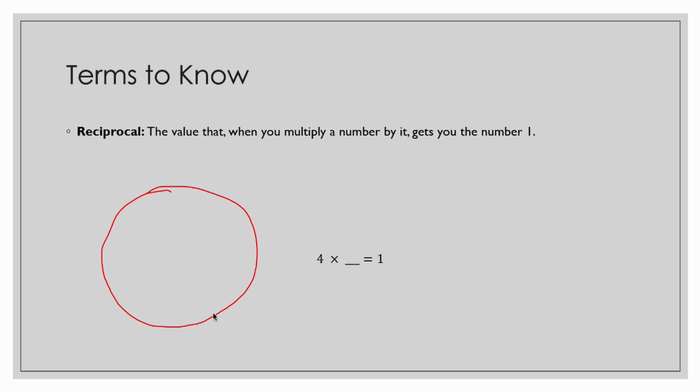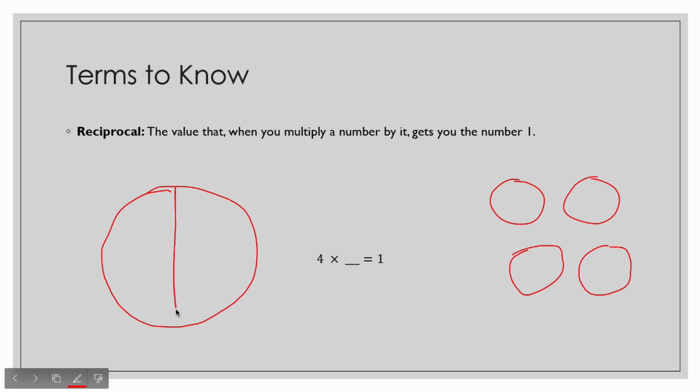But how do we get 4 parts that equal this whole? Do we get 4 wholes? No, that won't fit. This is not equal to 1. But you can see my idea here. What we do to make this equation true is we divide this whole into 4 parts, like this.